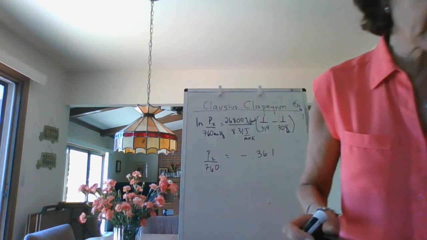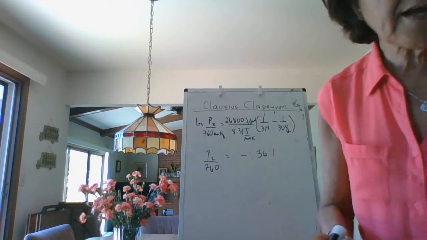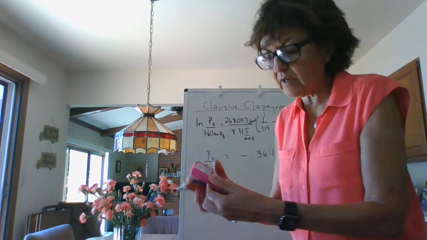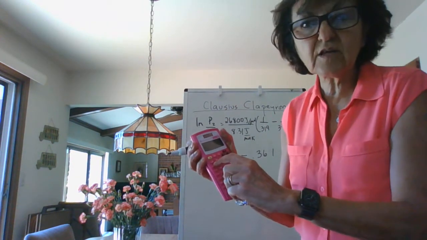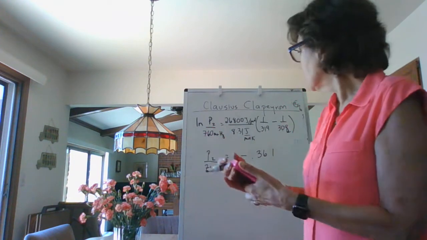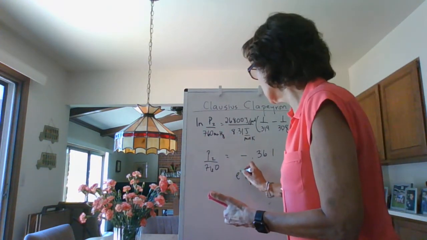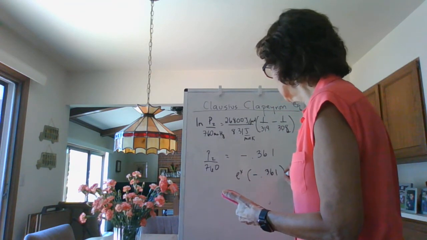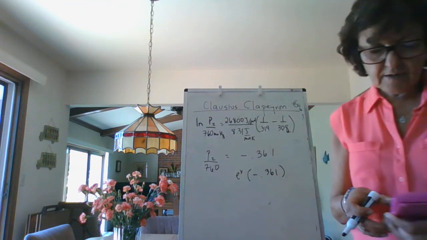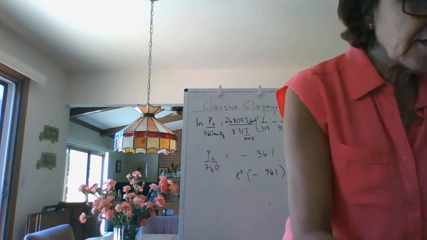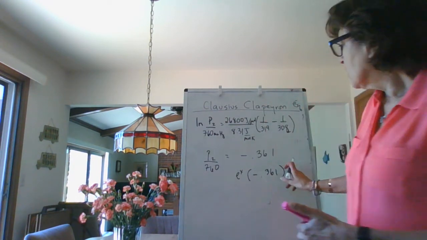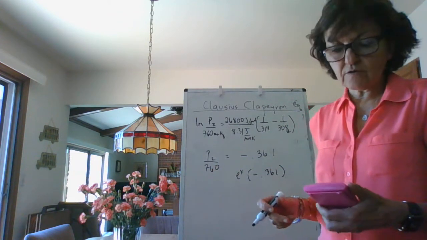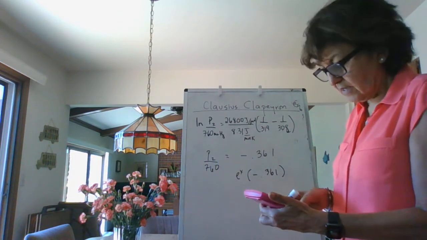All right, so get your calculators. Press that anti-log button, or the e to the x. Can you see where the ln is? It's the thing that's right on top of it, okay? So it's basically e to the x and then minus 0.361. Once you do that, you then multiply that number by 760 and you will get your answer. So go ahead and do that.